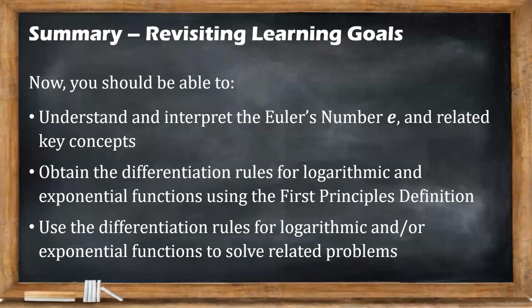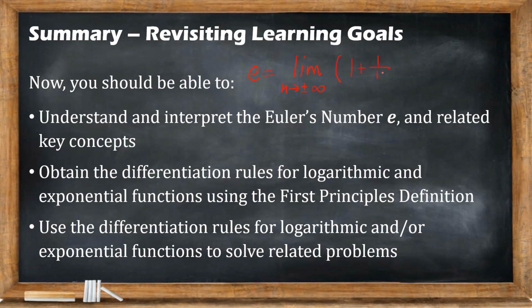All right, if not, let's give it a summary and end today's class. So let's revisit today's learning goals. After this lesson, now you should be able to understand and interpret the Euler's number e and related key concepts. Especially e is given by this limit, right? The limit of this expression as n approaches positive or negative infinity.